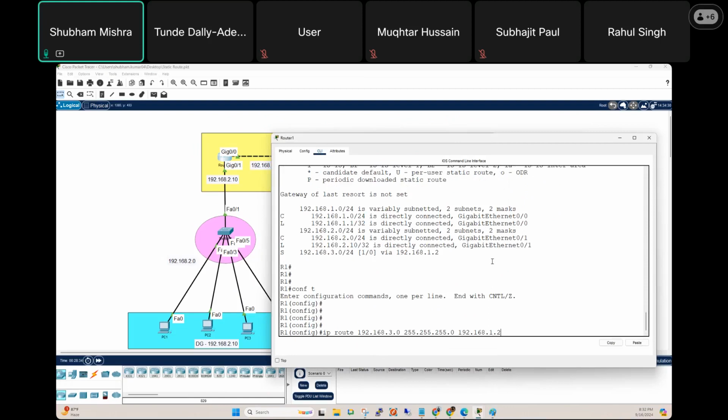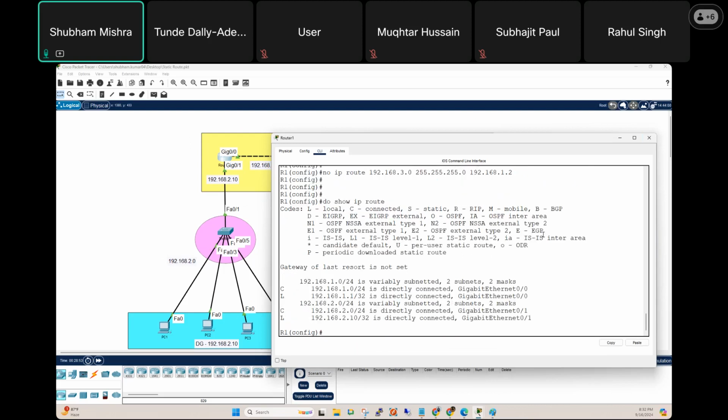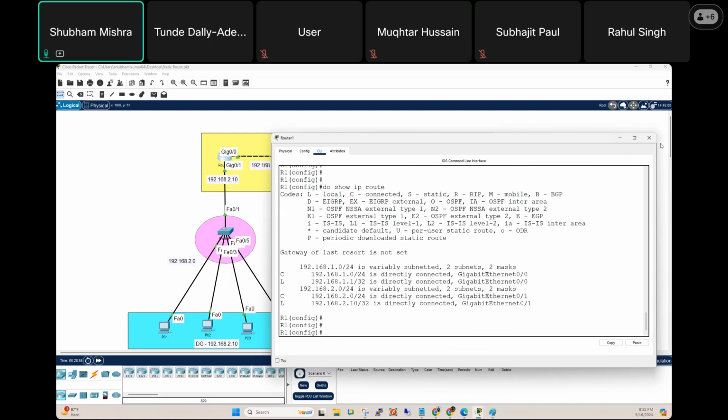Everyone? Press Control A. When you press Control A, your cursor will go to the start. And right here, write no. That's all. Understood, everyone? Yes or no? Yes? What is the command to check? Do show IP route. See, static route is now removed from R1.